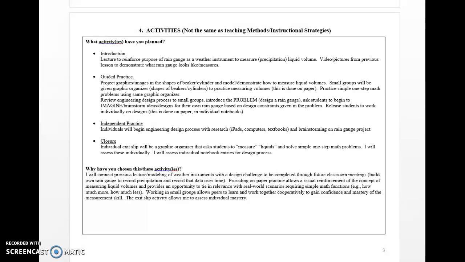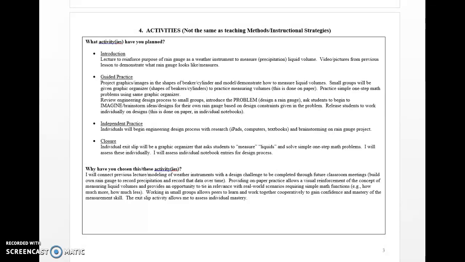And the purpose of this activity, as mentioned, transferring knowledge, would be to connect vocabulary and concepts to that design process in the future. So we would introduce the problem, which is we've got to design a rain gauge, something to collect liquid precipitation to be able to be measured.